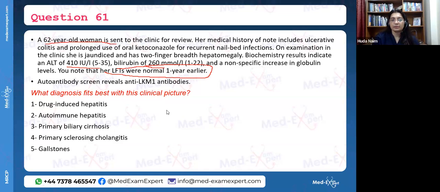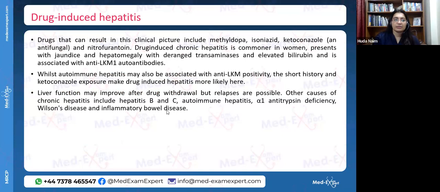Younger. So what do you think? She's taking oral ketoconazole for 1 year. What do you think? Yes, it's drug induced. Okay. There is an LKM positivity, but anti-LKM positivity is seen in younger children.